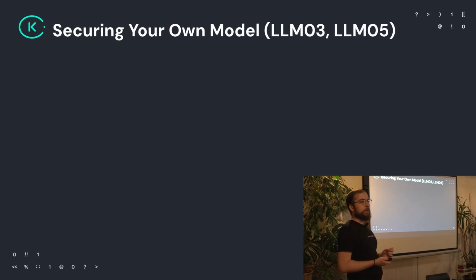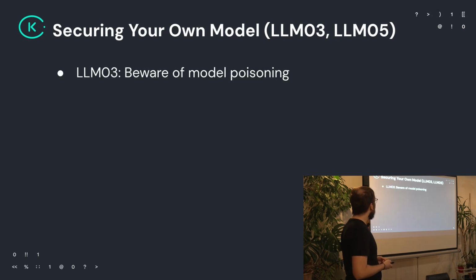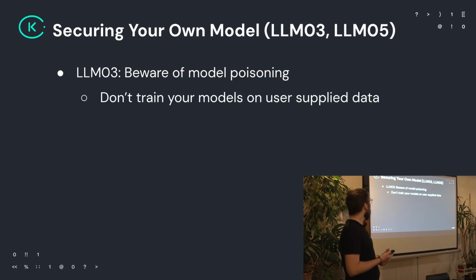A few of you will have the following problem. You are going to build your own model. Who is going to train their own models? Okay, so let's get over this quickly. Beware of model poisoning, because you don't want an attacker to process data in your model that can change your responses.